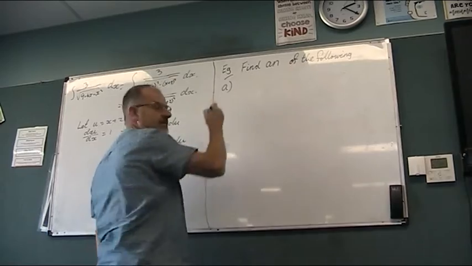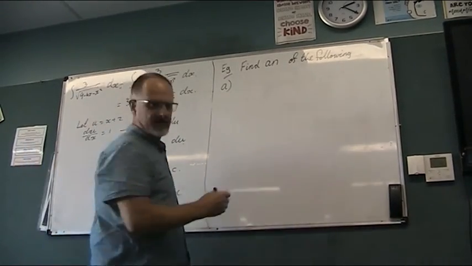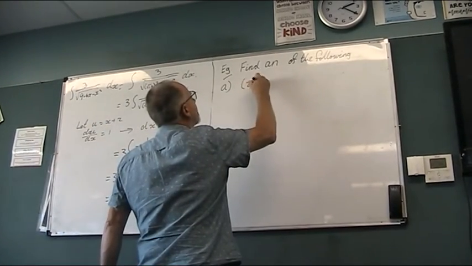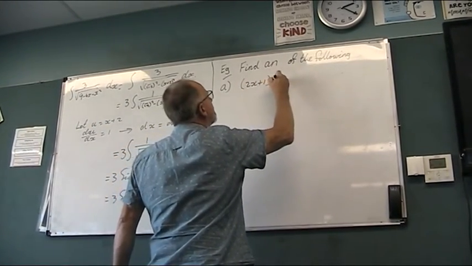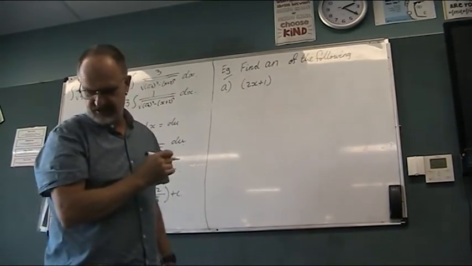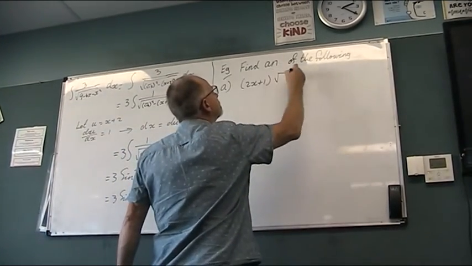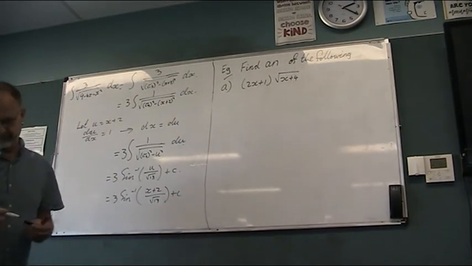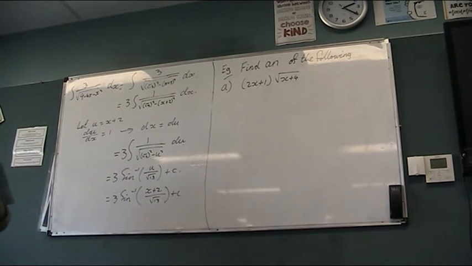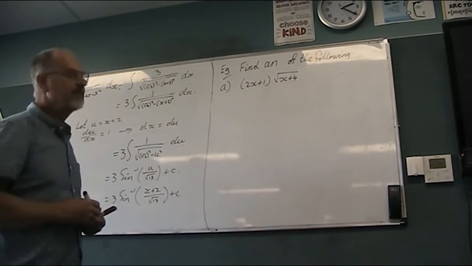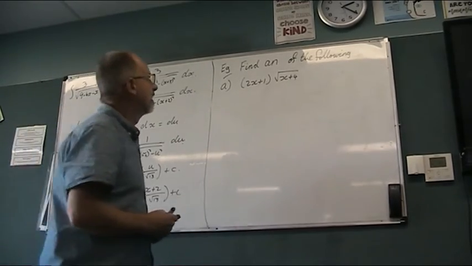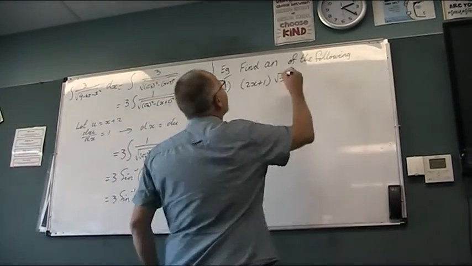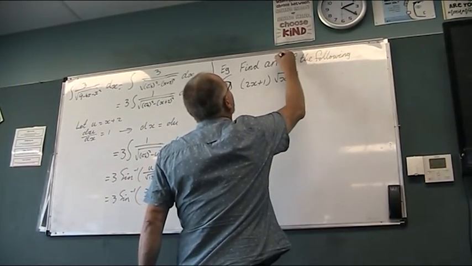Alright, so the first one is 2x plus 1 times the square root of x plus 4. Oh yeah, I forgot that, didn't I?